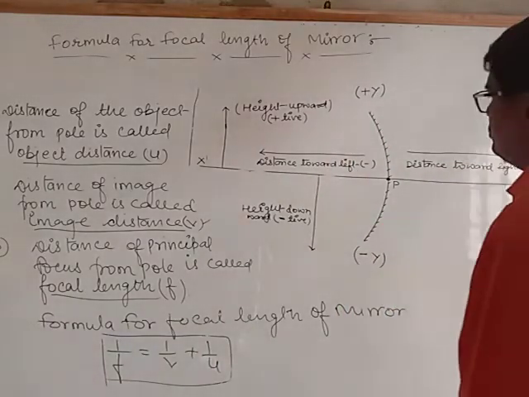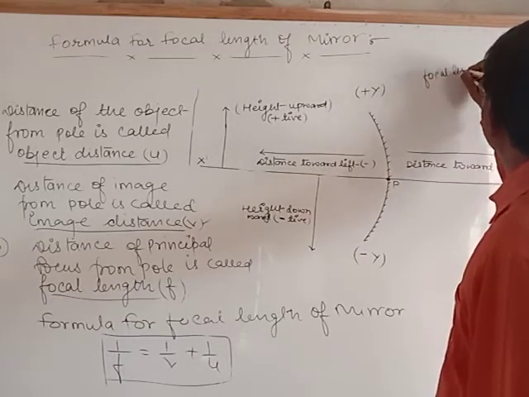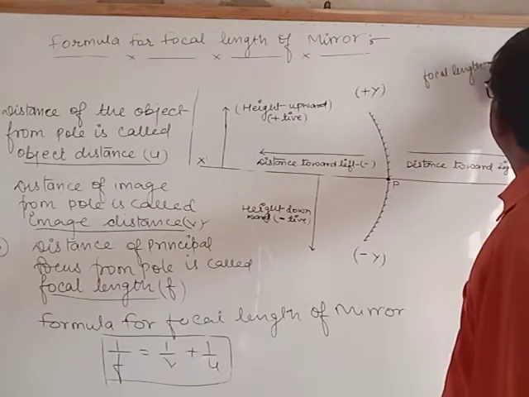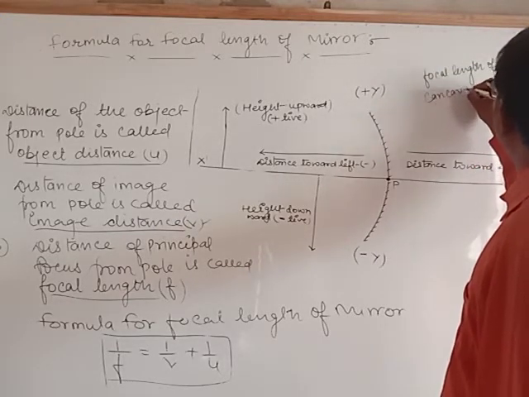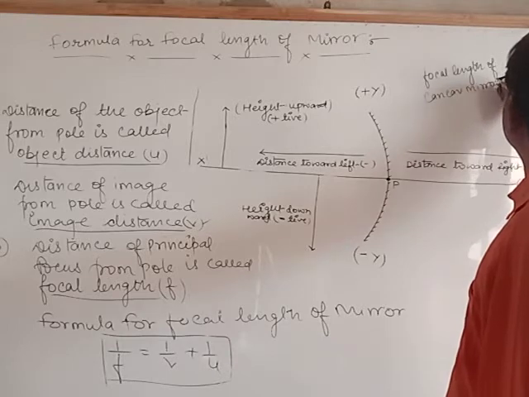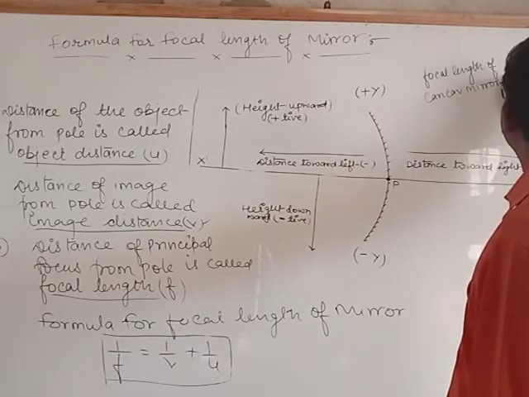Another: the focal length of a concave mirror is always negative.